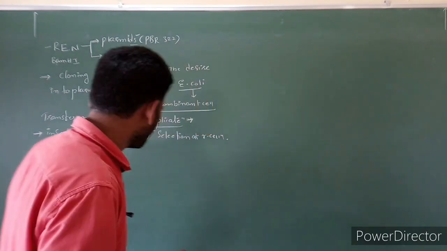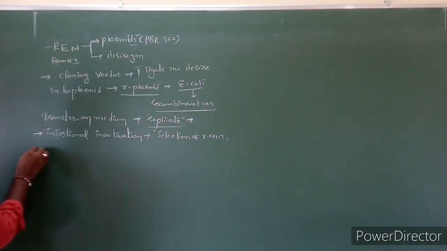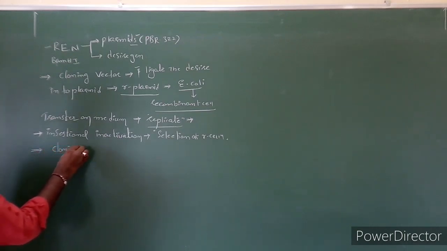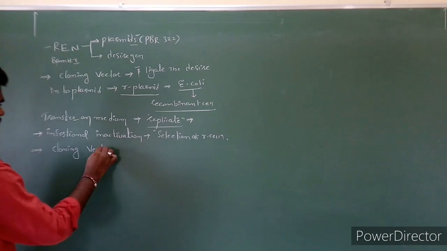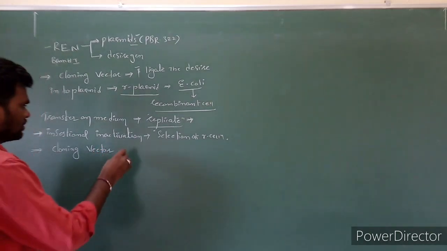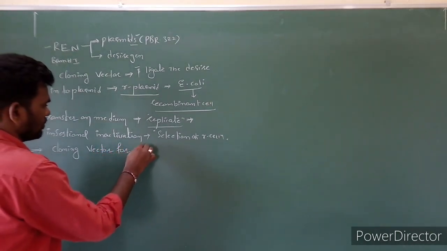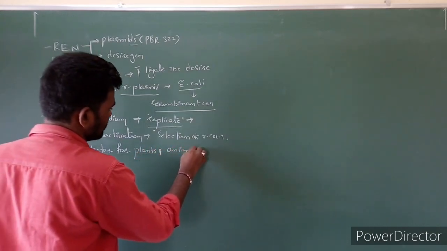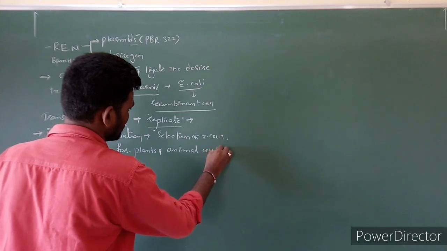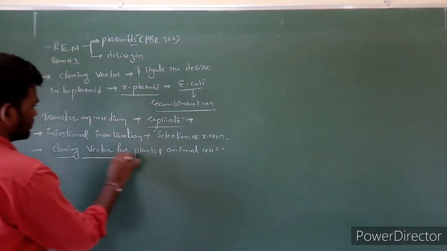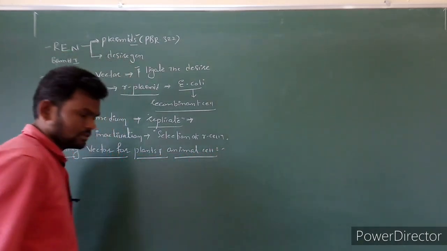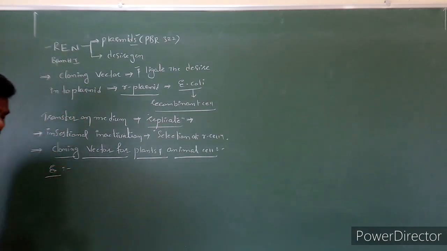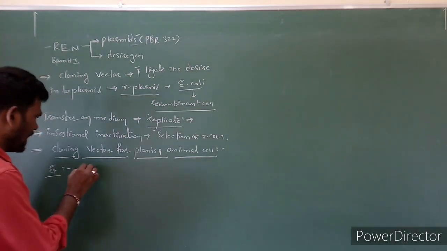Let's write. The heading is cloning vector for plants as well as animal cells. Simple. For example, we have taken one bacteria. The bacteria name is what?